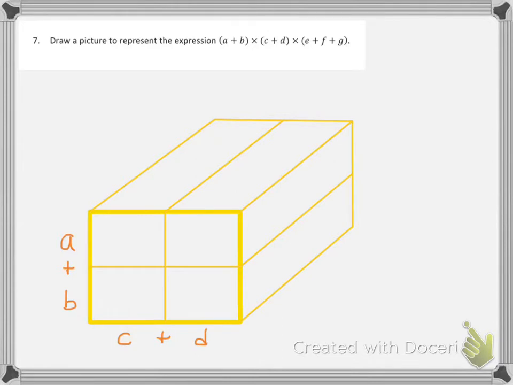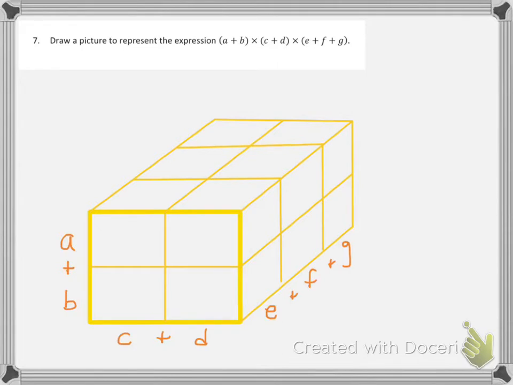But I have E, F, and G, so I need maybe E and F and then G on the end. So this is going to be E plus F plus G. And now I've got a picture that would work to be able to find the answer to this problem.